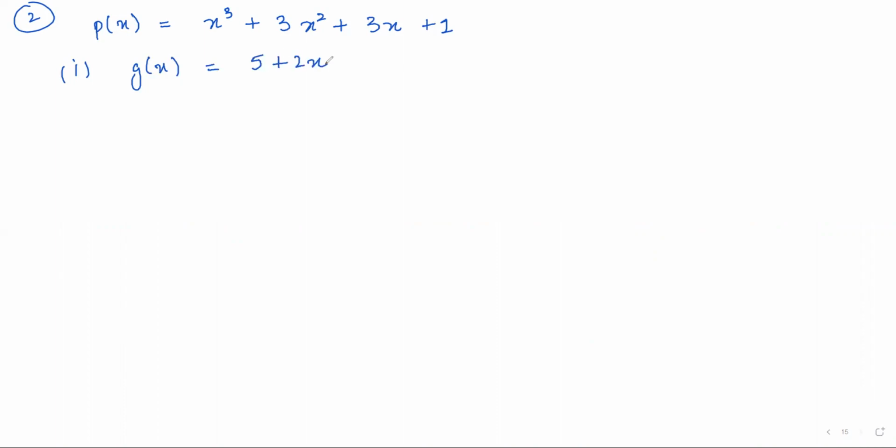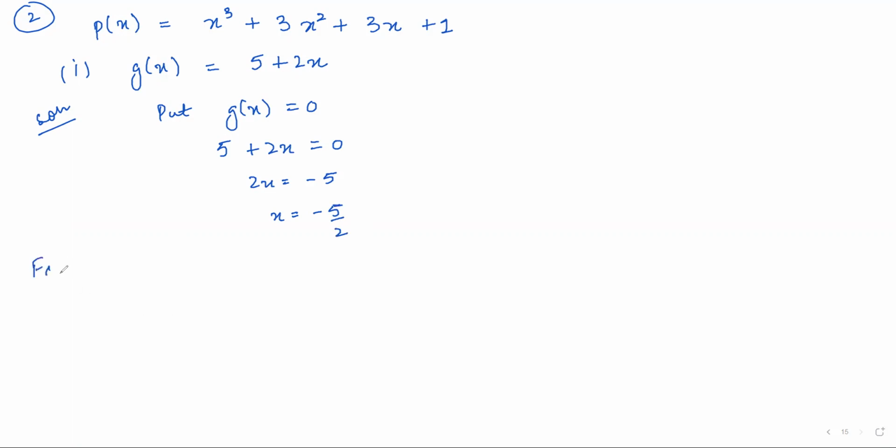And you have to tell me the remainder. Same type of question. So I'll do 1 or 2 parts. So put gx is equal to 0, clear? That means 5 plus 2x is equal to 0. So take 5 on the other side. So 2x is equal to minus of 5. Is that clear? Yes. So x is equal to minus of 5 by 2.